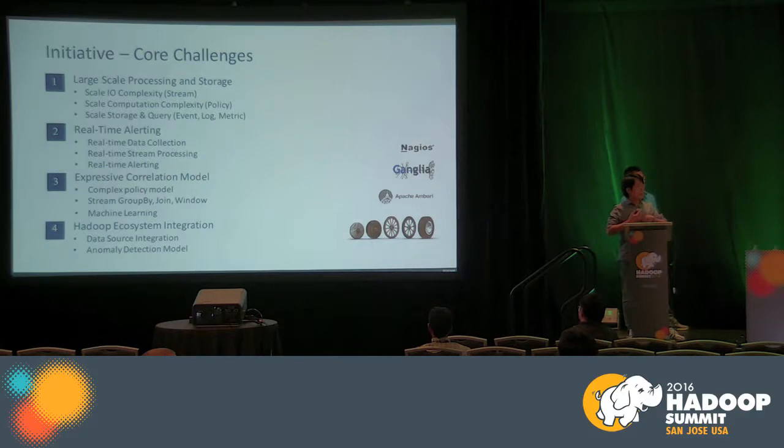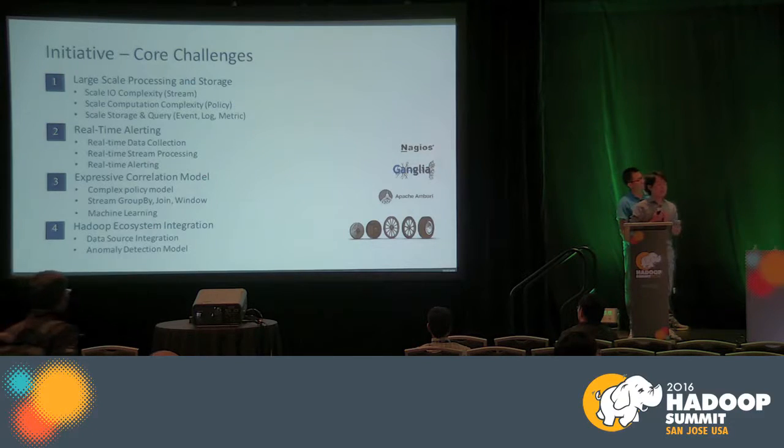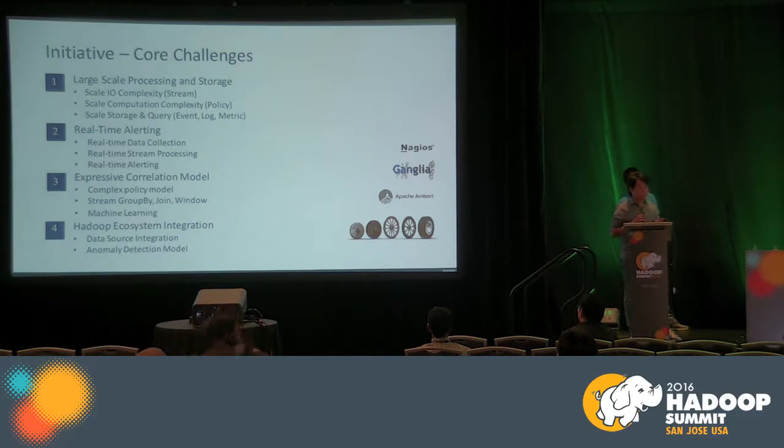So the third part is, in existing solutions, we have a lot of monitoring solutions, right? They provide a very simple threshold-based monitor, the alert policy or the rule. But in Eagle, we wanted to resolve some different problems, and sometimes it's very complex.